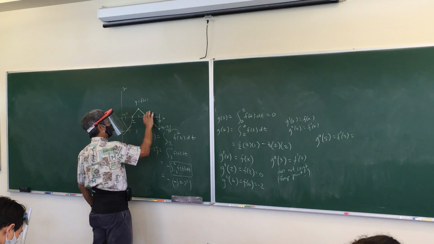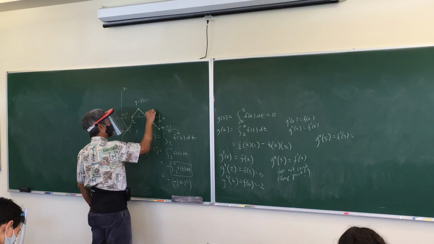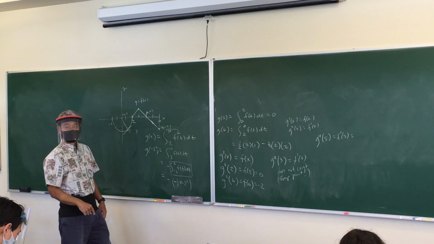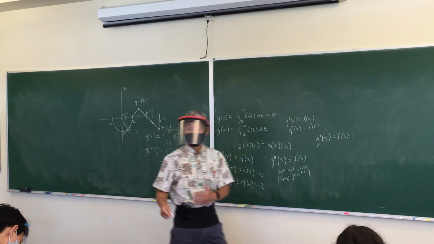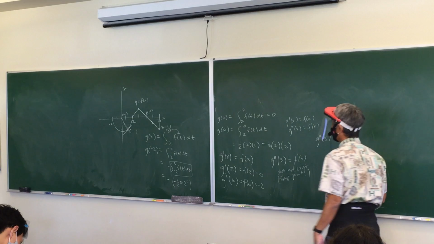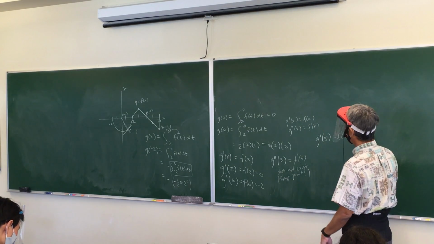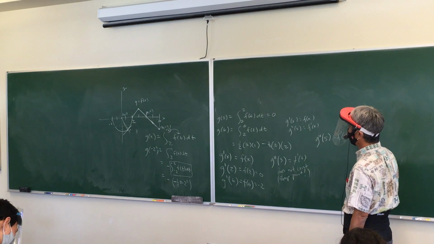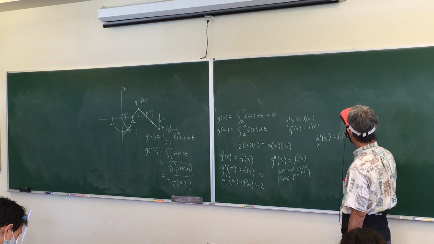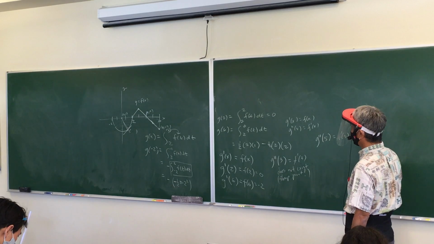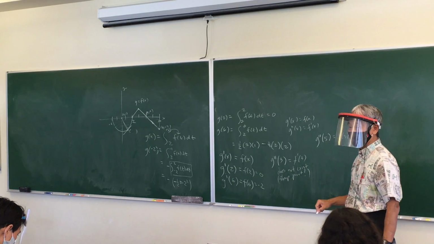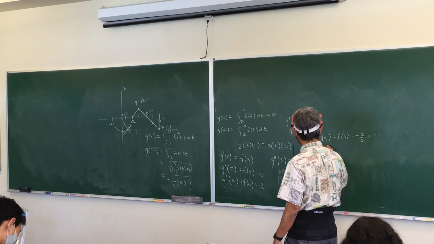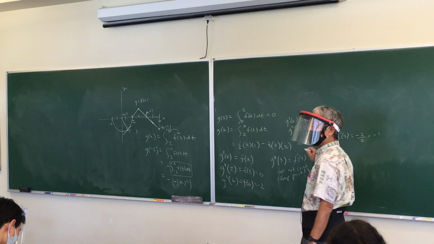Here's 4, 0. Then go y minus y over x minus x, or rise over run works too. Negative 2 over 2. Yeah, -1 is correct.